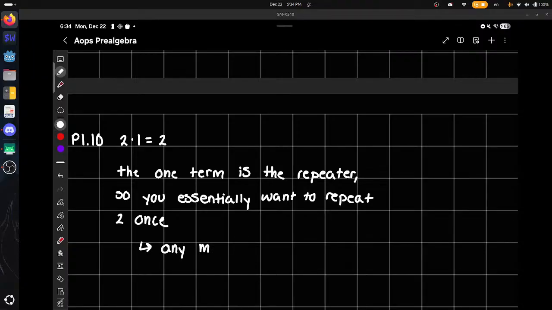Anything multiplied by 1 gives you the term back.